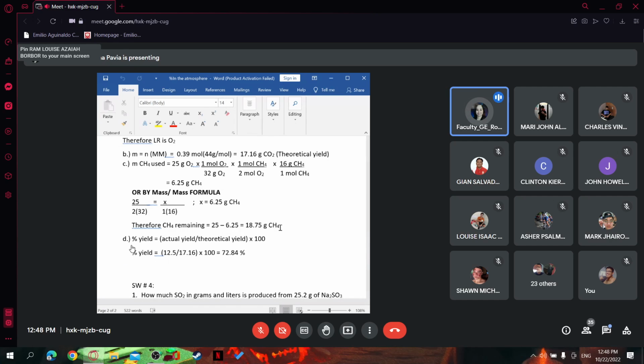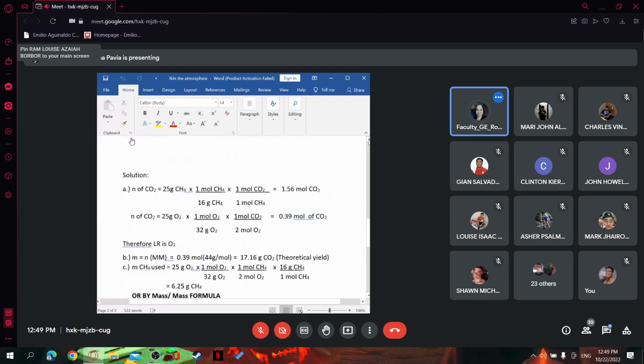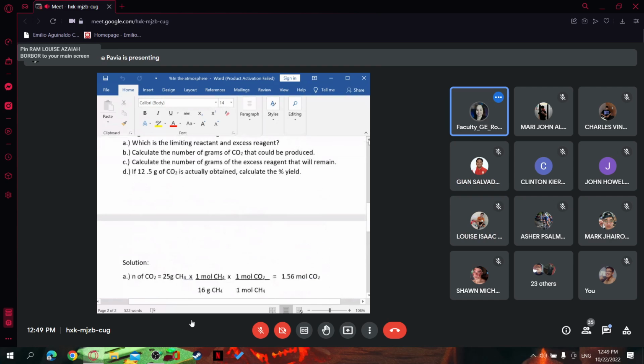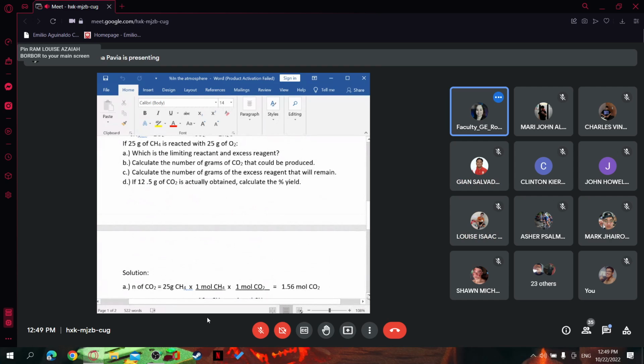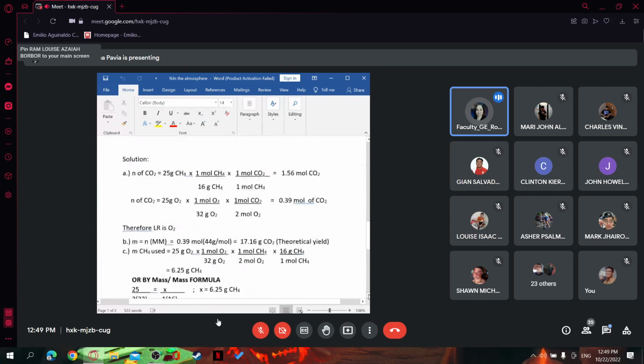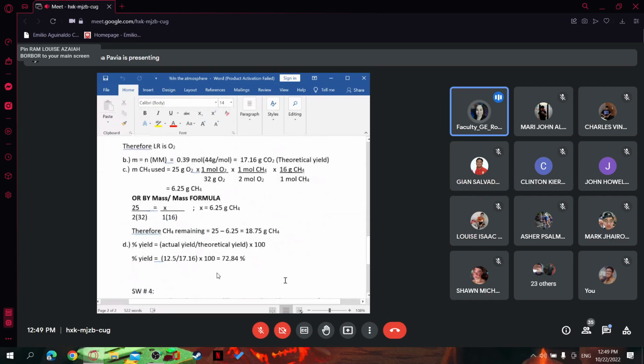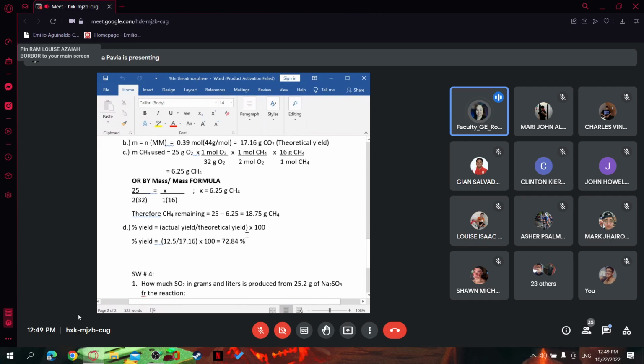Okay? So, ibig sabihin, in order to produce 17.16 grams CO2, ang kailangan mo lang na methane is 6.25 grams.